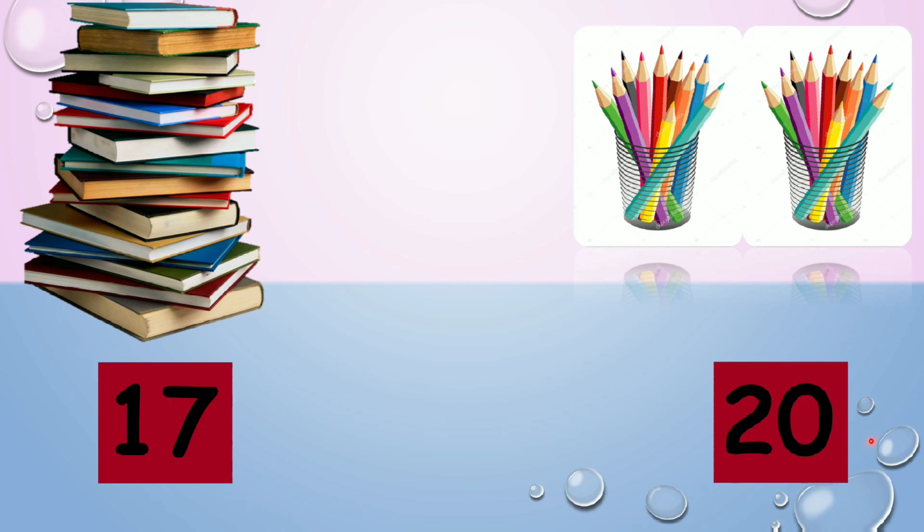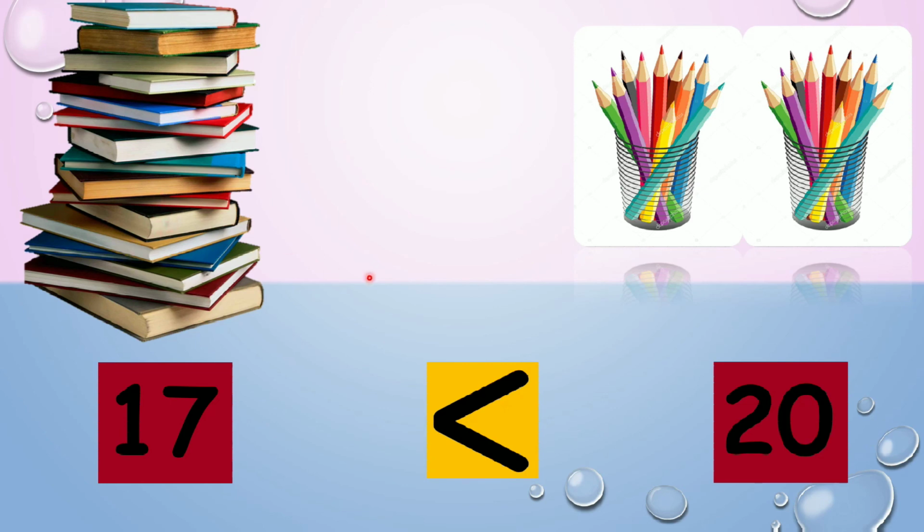Now, let's determine if the number of books is greater than the number of colored pencils all together. We are going to compare and see. Let's find out. Are they equal? Is one greater than the other or less? Well, correct.